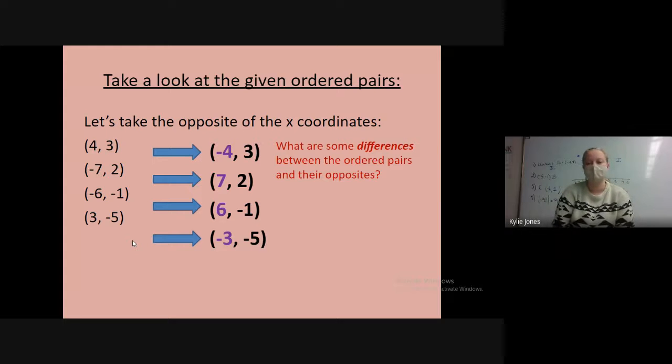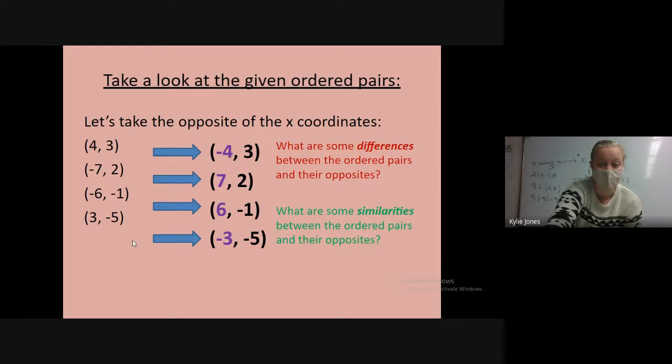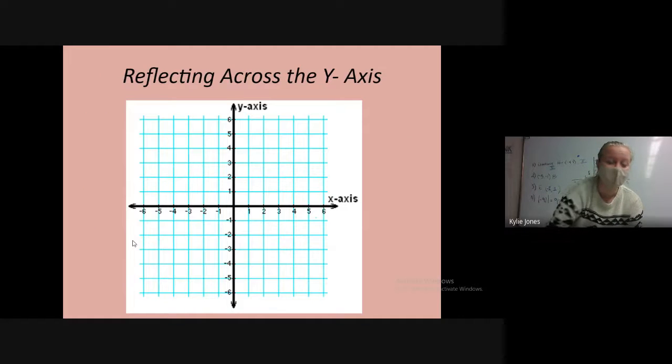What are some differences between the ordered pairs? We changed the X coordinates first. What stayed the same? The Y coordinates. When we do this, we are taking an ordered pair and reflecting it over the Y axis.